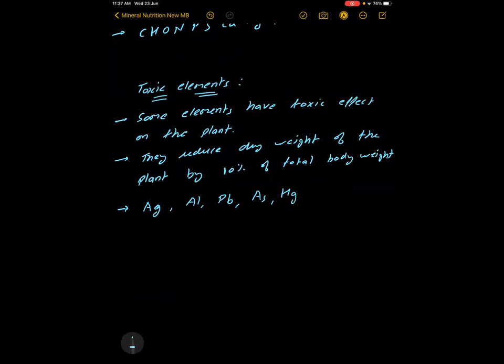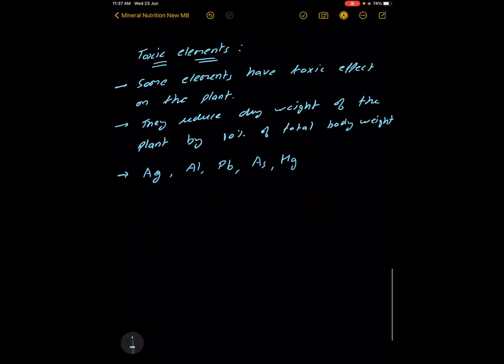Now, arsenic, aluminum, lead, mercury have a toxic effect. By their presence, they reduce the body weight by 10%. Clear? These are toxic. But manganese becomes toxic when it is in abundance.